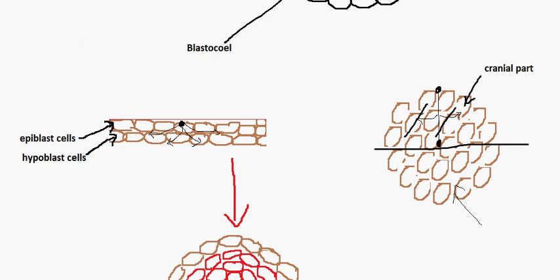Caudal means tail or the below part. Cranial refers to the head part, and caudal refers to the tail part. So this distinguishes these two parts of the embryo. Also it distinguishes the left and right sides of the embryo. As you can see, this part is the left side, this part is the right side. Anyway, we are not discussing that in this video.